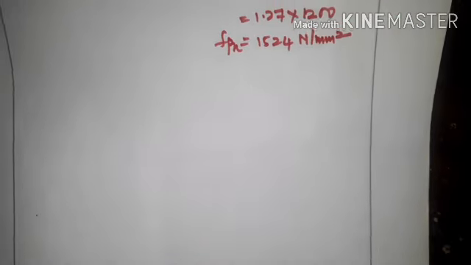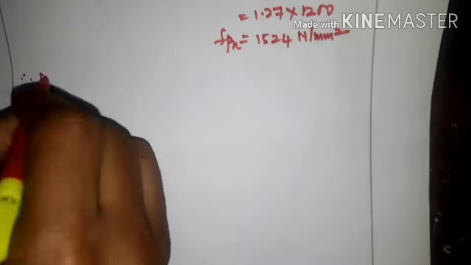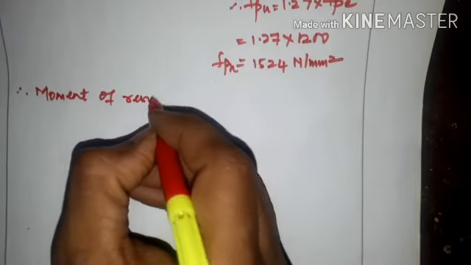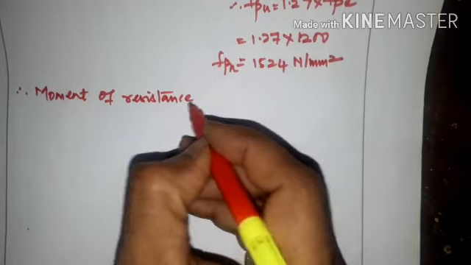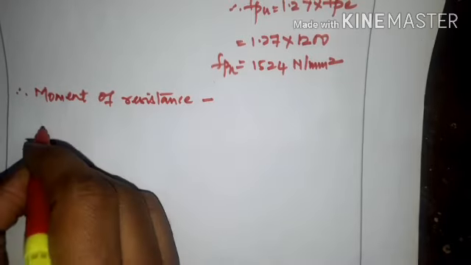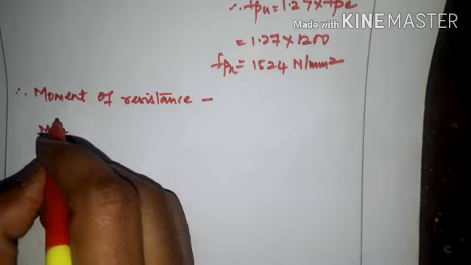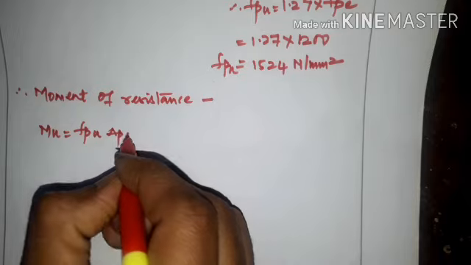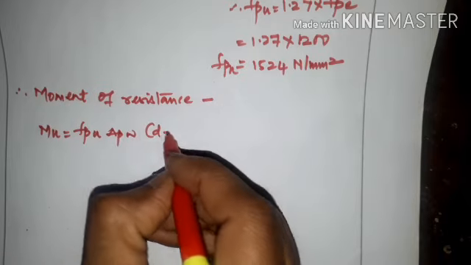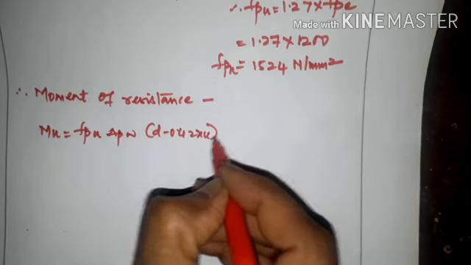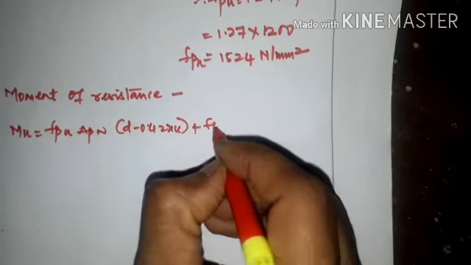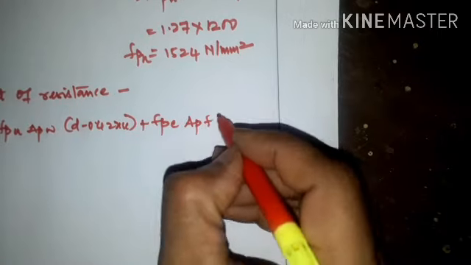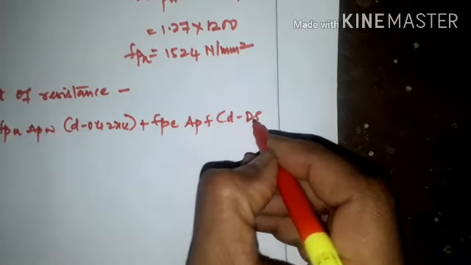Okay, so next, the moment of resistance, Mu, is given as FPU into APW into D minus 0.42 XU, plus FPE into APF into D minus DF by 2.